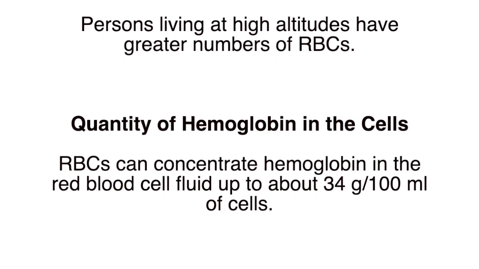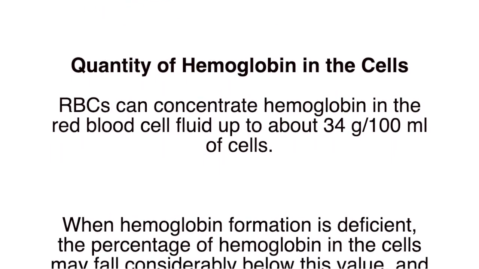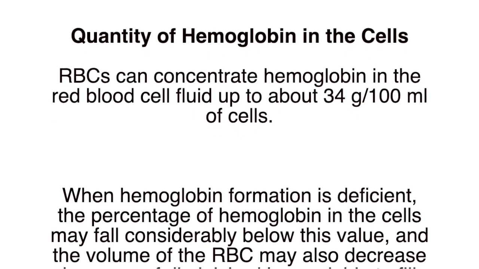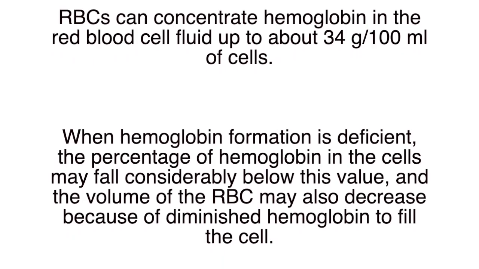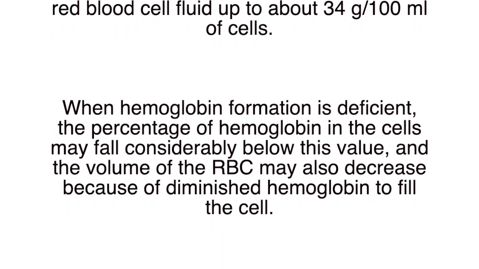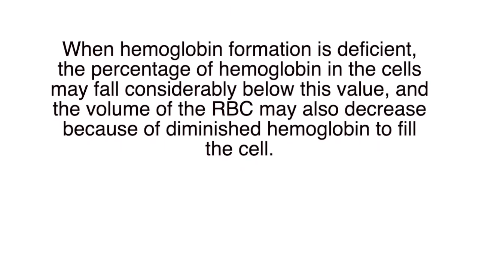When hemoglobin formation is deficient, the percentage of hemoglobin in the cells may fall considerably below this value, and the volume of the RBC may also decrease because of decreased hemoglobin level to fill the cell.